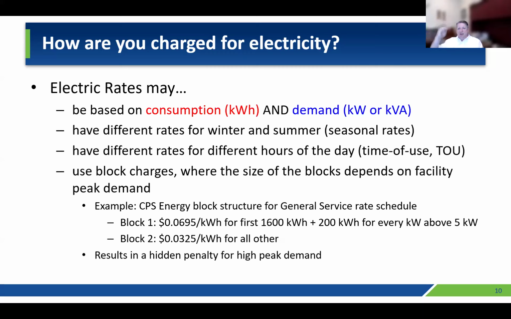And then the size of the blocks is dictated by that peak 15-minute power that you hit during the month. So this gets fairly complicated, but what it really does is it hides how your peak 15-minute demand affects your charges. There is really a hidden penalty for demand built into block energy pricing.